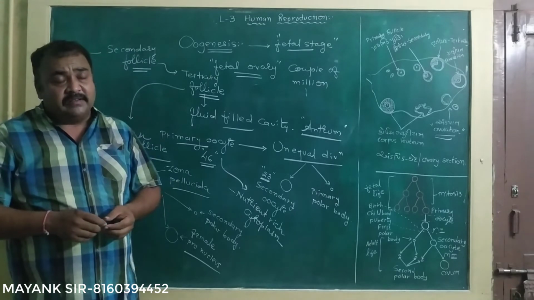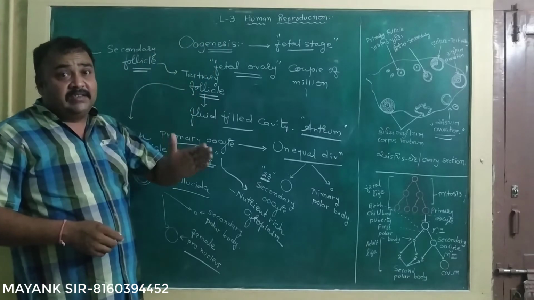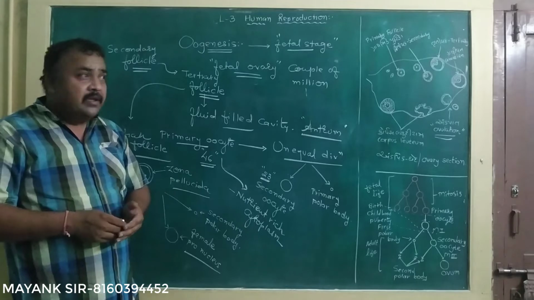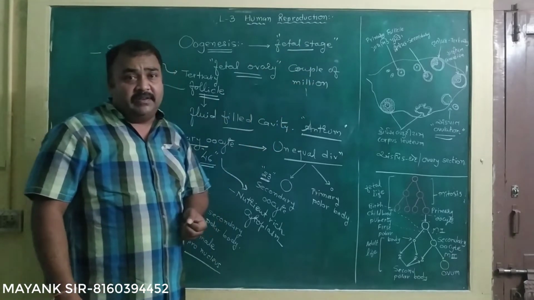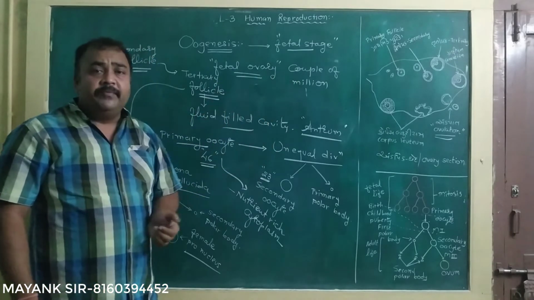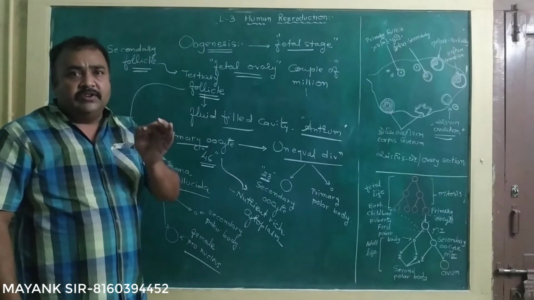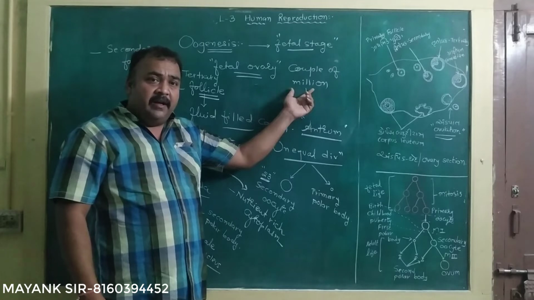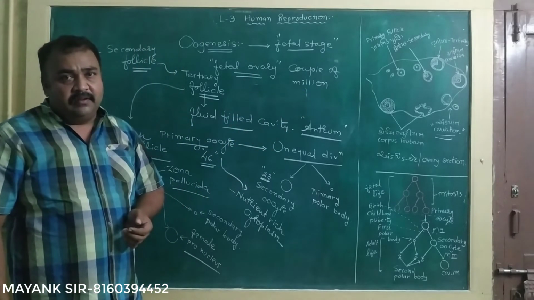Let's quickly revise the same thing. Oogenesis starts at the time of fetal development. In the fetal ovary, a couple of million cells are present, which are known as oogonia, or female germ cells. The oogonia will not be added after birth.